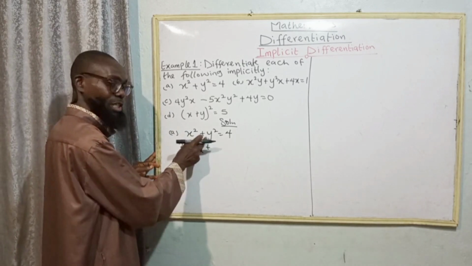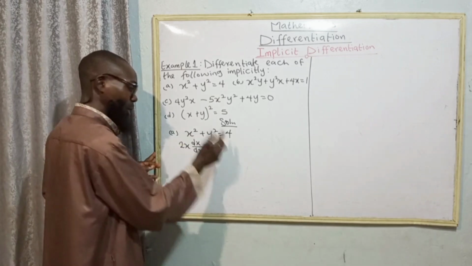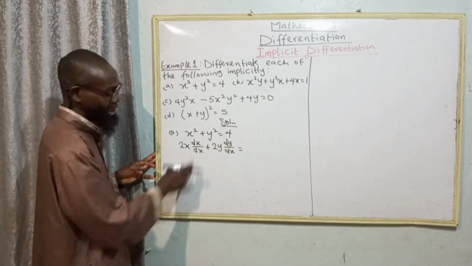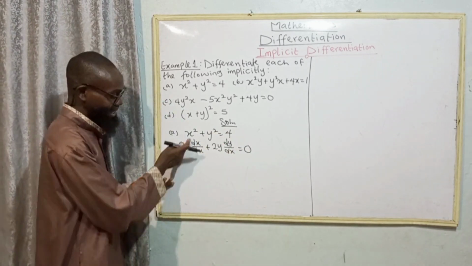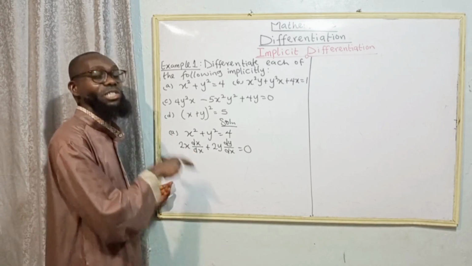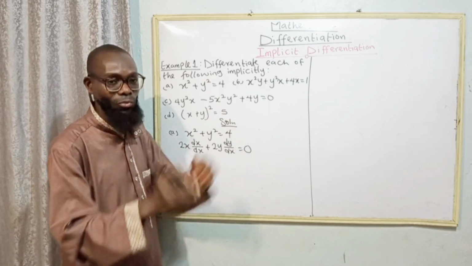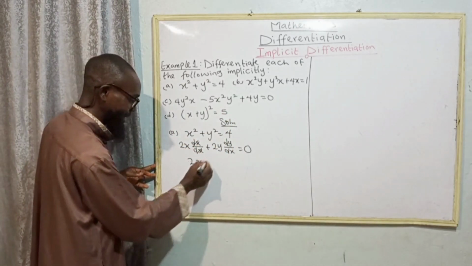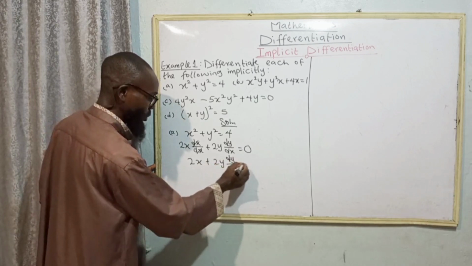Plus, when you differentiate this one, we have 2y, so differentiating y with respect to x, the dy/dx. The differentiation of a constant is 0. And look at this, the dx/dx will cancel each other. So this is the reason why when we are differentiating x, we don't need to put the dx/dx, in order to avoid confusion. We have 2x plus 2y dy/dx equals 0.